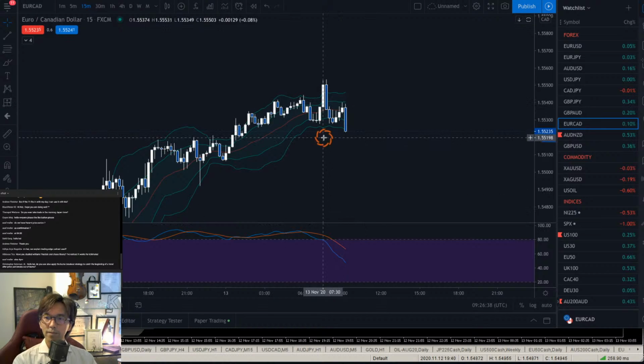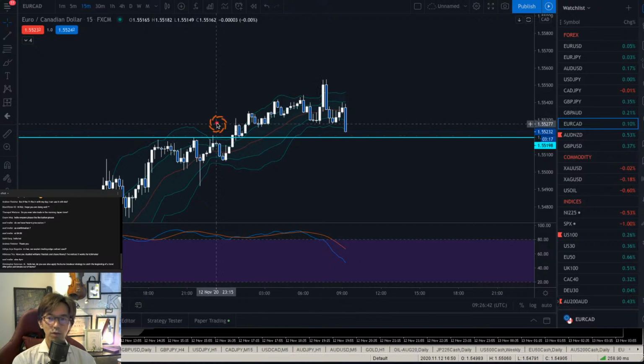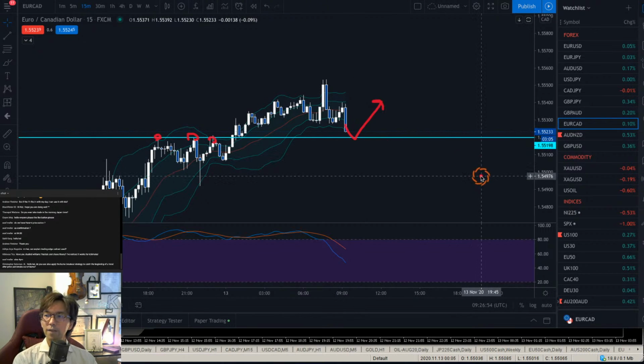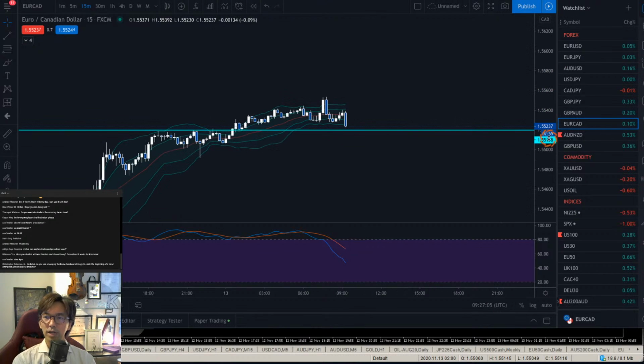So I will draw the line this way. There were recent highs in this area, so it might reverse and go up afterwards too. So this will be the next area. The 1.5519 area will be the one to expect some kind of support potentially. So that's one. And how about the trend line?